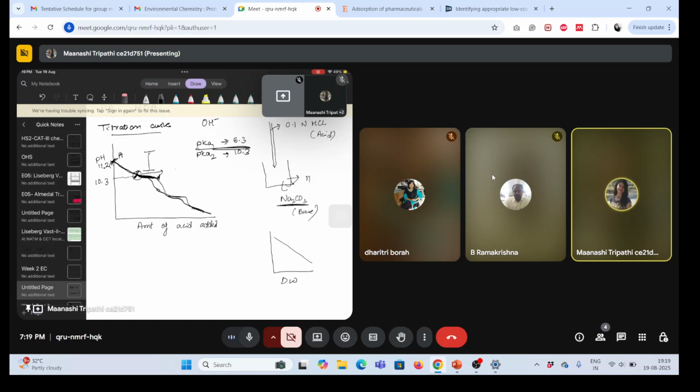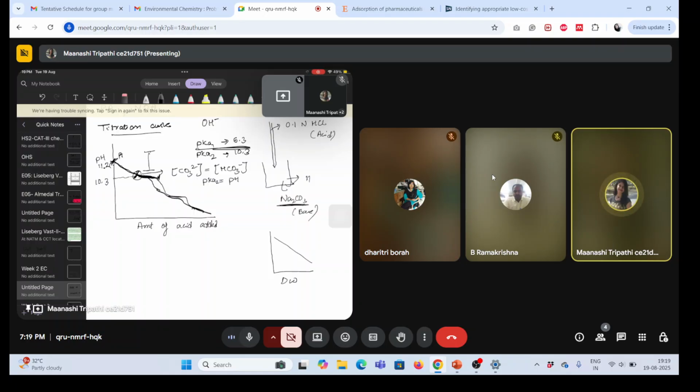Now the concentration of carbonate ion is equal to the concentration of bicarbonate ion. So at this position, this pKa2, that is 10.3, is equal to the pH of the solution.